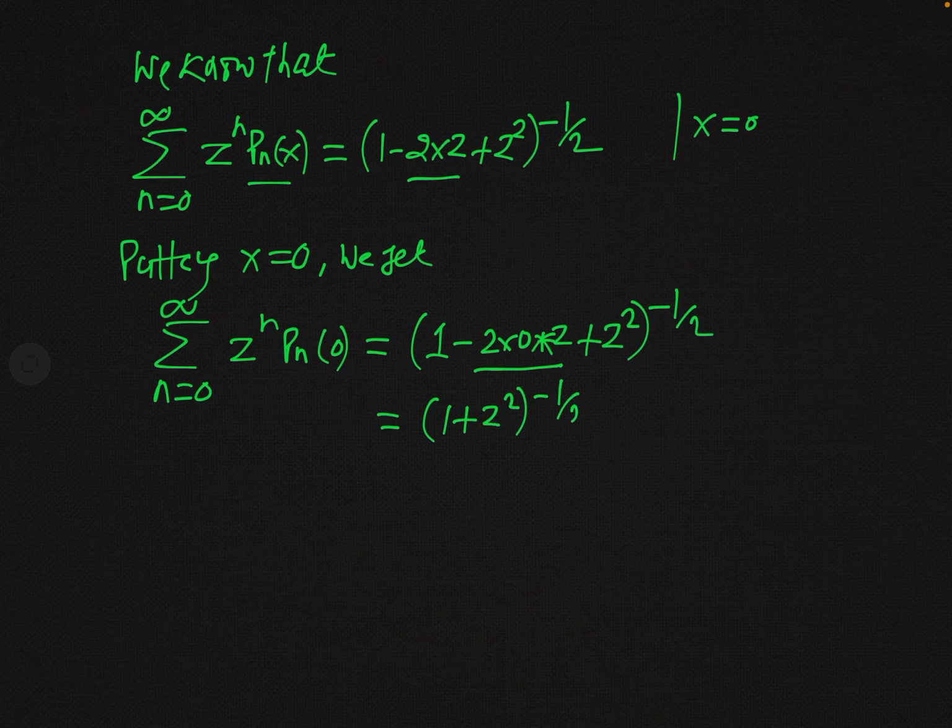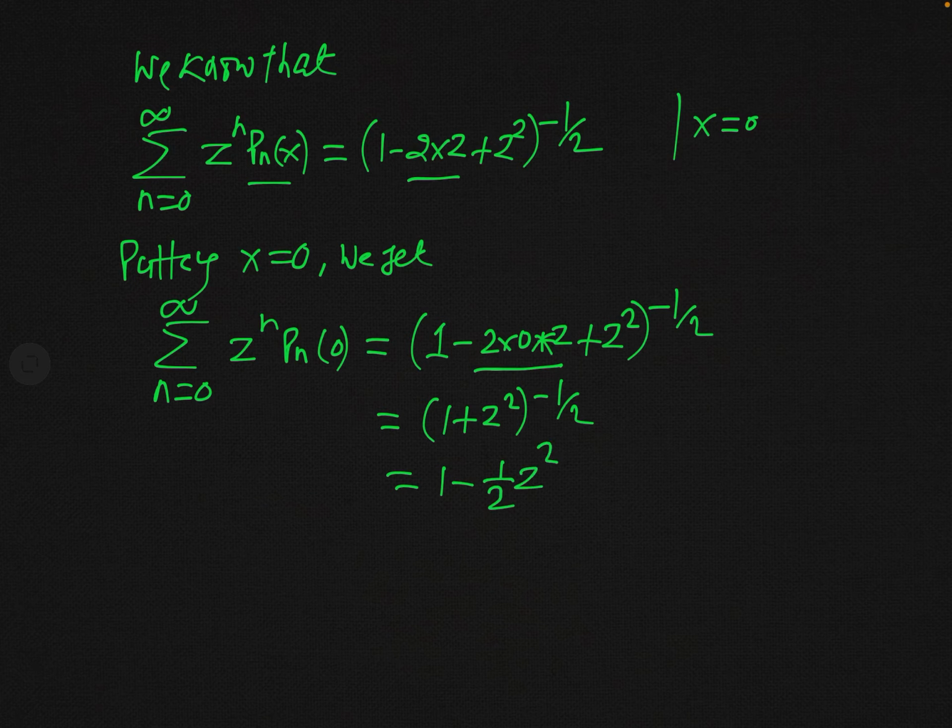So the 2 into 0 term will vanish, this will be 0. So this is simply 1 plus z square to the power minus half. Now expand this 1 plus z square to the power minus half binomially.